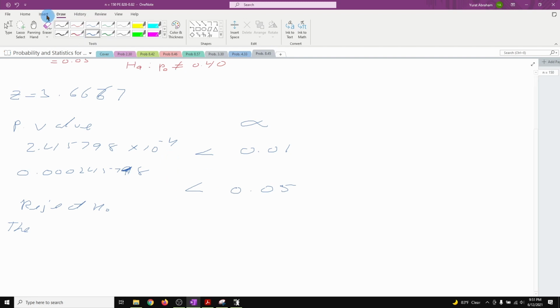I'm going to change the color. So for this reason we reject the H0. Now, this is only if the p-value is smaller than the alpha.